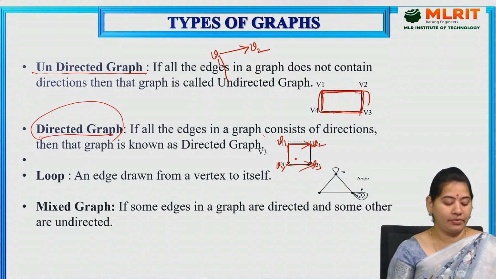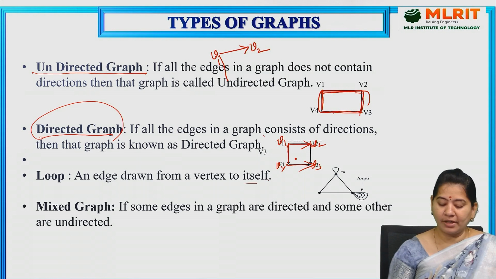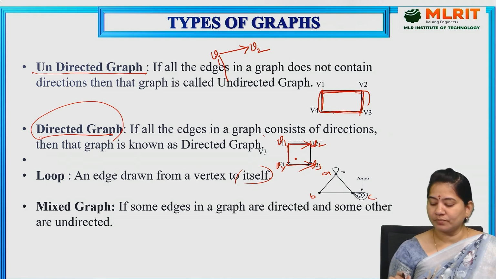Now we also have a loop. What is meant by a loop? An edge drawn from a vertex to itself. Let us suppose I have vertex A, vertex B and vertex C. Vertex A has an edge to B, A to C, and B to C as well.